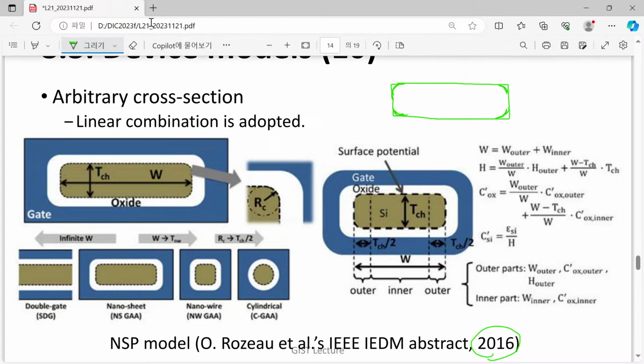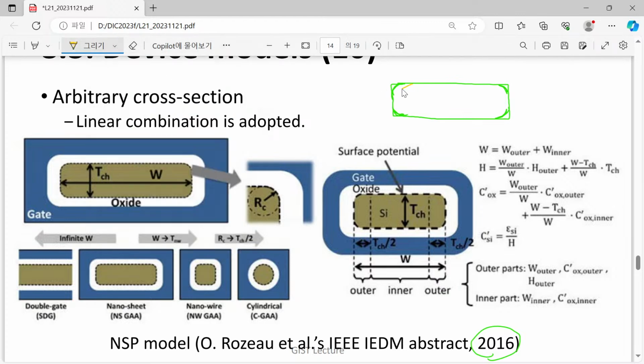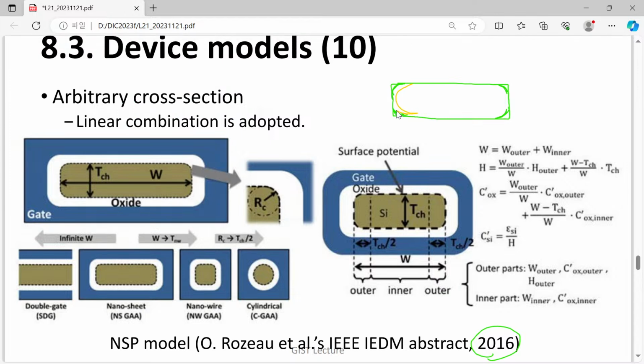If we increase the roundness of this shape, for example, if we have an extremely round one, then we get this kind of behavior.